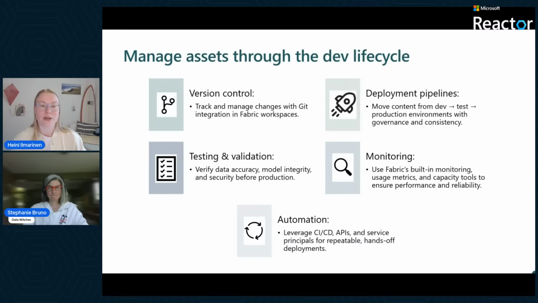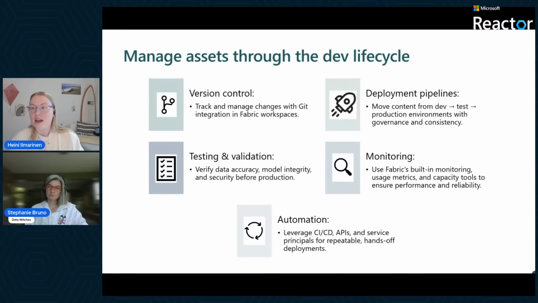Then we integrate our Fabric workspace to some kind of version control system that is based on Git. So Azure DevOps and GitHub are currently the supported options, and you can link your workspace to a repository in one of those. That way you can have your items represented as code there when you're working with them.